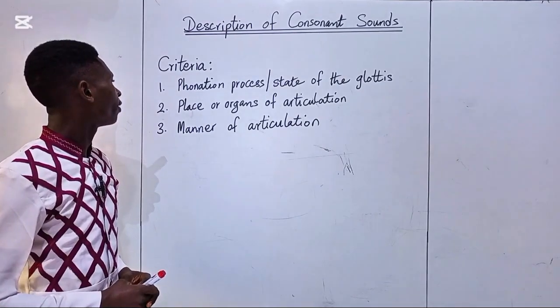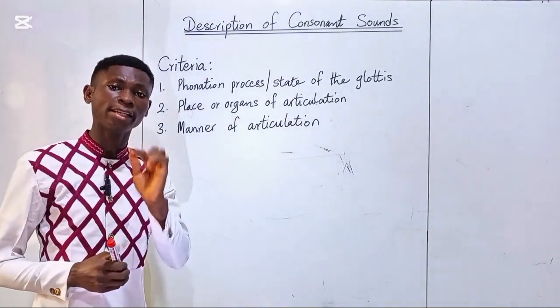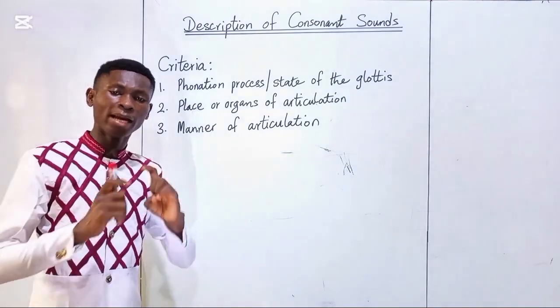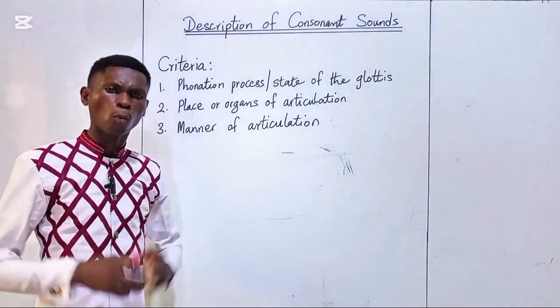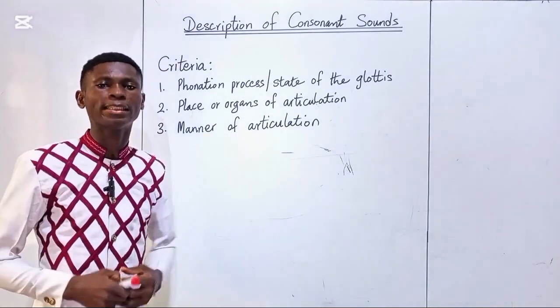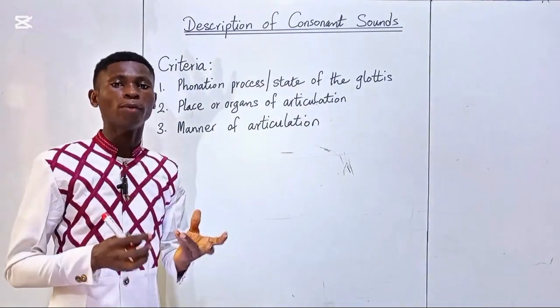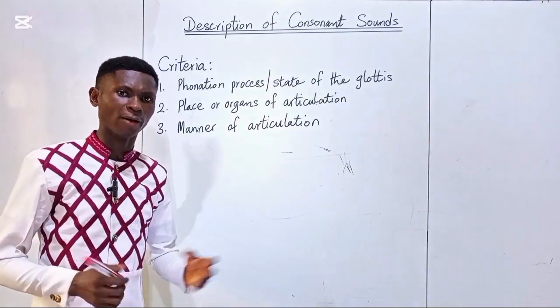If we say that the two lips are used in the articulation of the bilabial sounds, what is the manner of articulation of that sound? What will happen to the two lips when that sound is articulated? That's when we talk about manner of articulation.